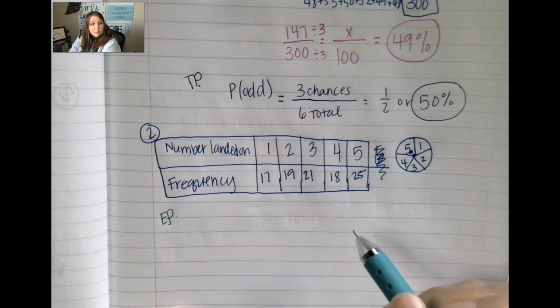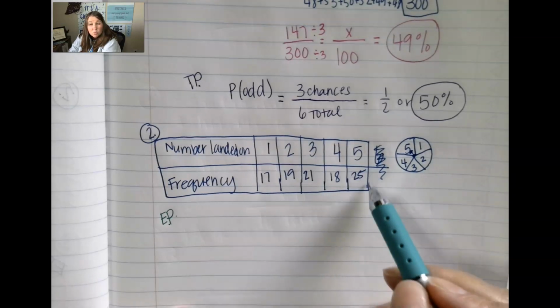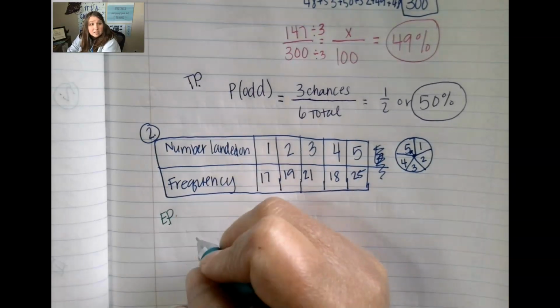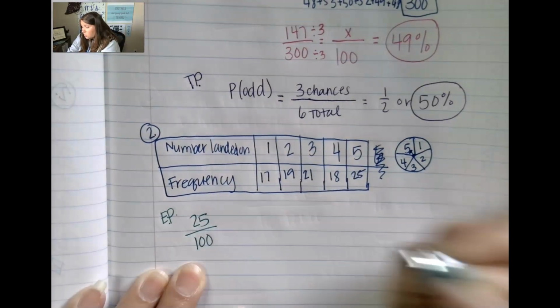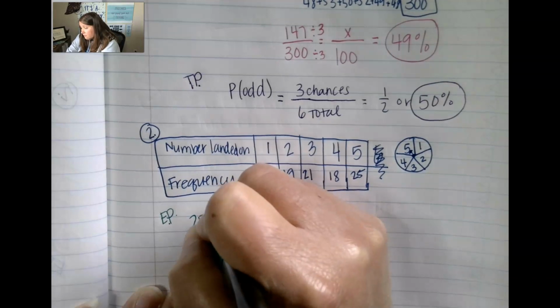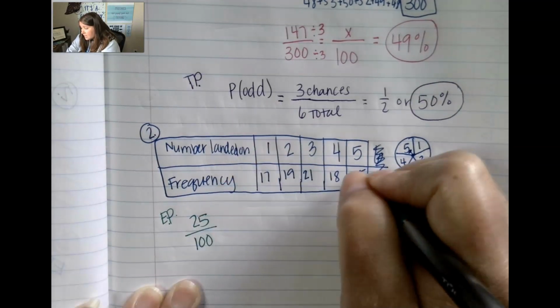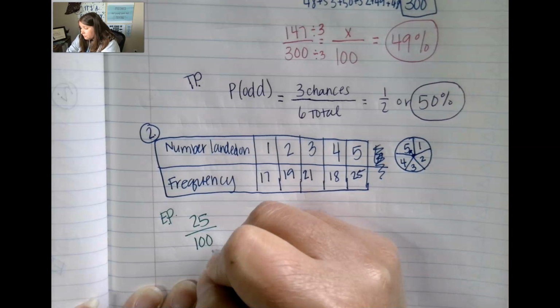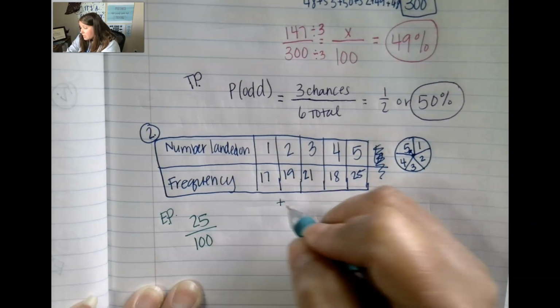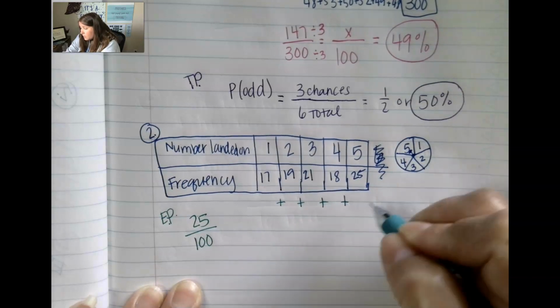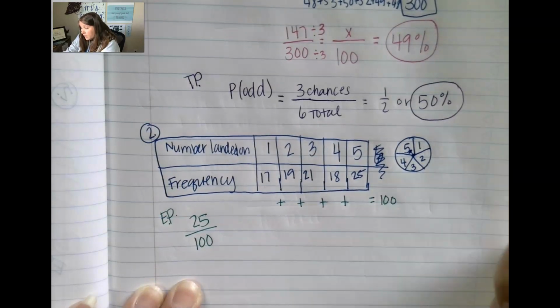the probability of spinning a 5, we had 25 spins. 25 out of 100 total spins. So 25 spins that landed on 5 out of 100 because there's the frequency, right? If we add all these up, we get to equal 100.